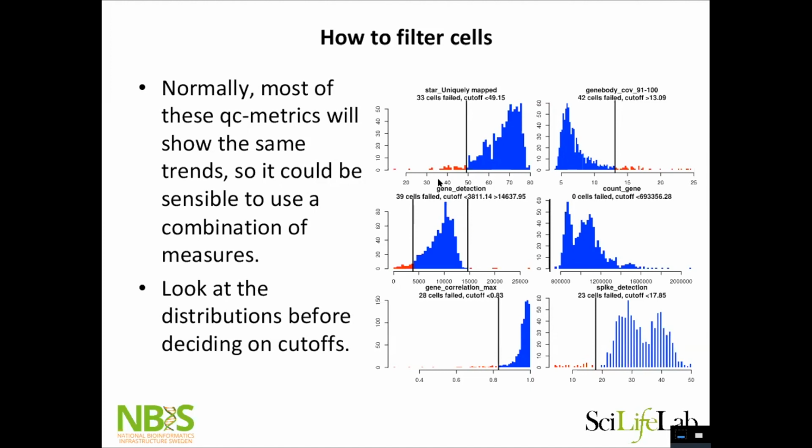And then it's up to you if you want to keep the red blood cells or not, because depending on what your question is. Here is sort of how many reads we have at the 3' end, where it's extremely high for some cells, then I would take them out. Gene detection here, I would say these are clearly doublets here and failed libraries. So I always look at the distributions and try to make some reasonable cutoffs for each sample.